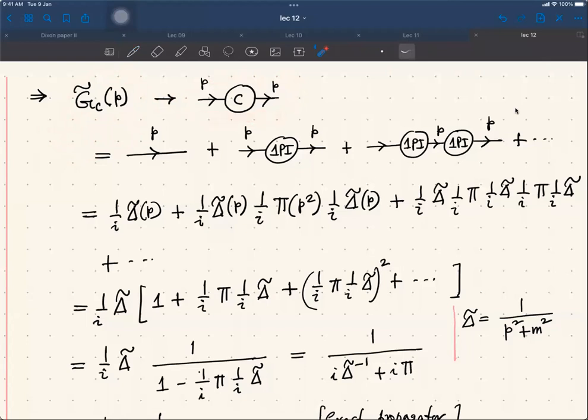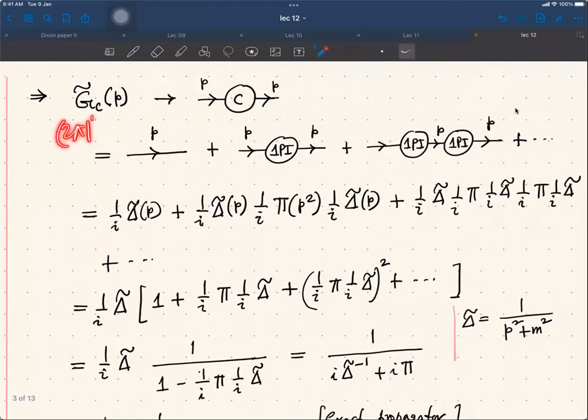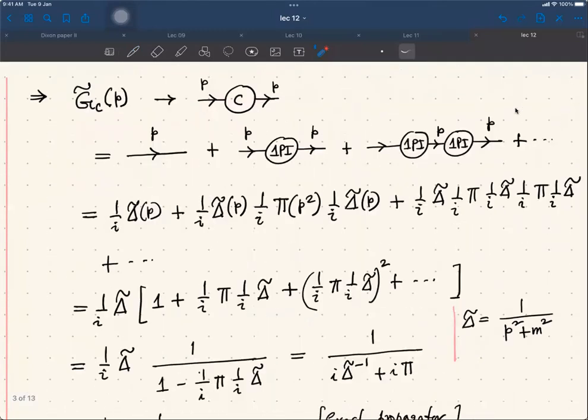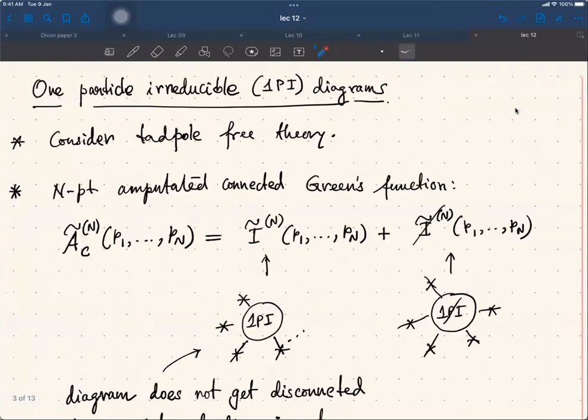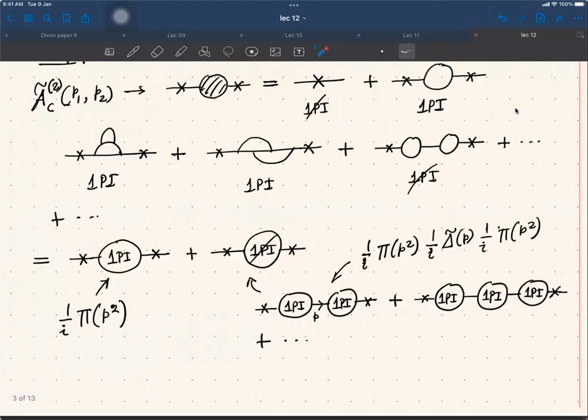So that is what I calculated here. So there will be a 2 pi to the power d factor. The overall momentum conserving delta function is already taken into account within the diagram. So I just wanted to explain what this arrow means. Here also I am supposed to have 2 pi to the power d delta p1 plus p2. If I had written that, then it will become an equality here.